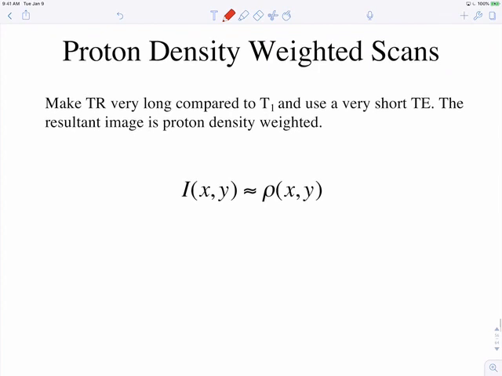For proton density, we want to make both the TR very long and the TE very short. So TR going to infinity, TE going to 0, in which case we're just left with the proton density, which is basically just how much water there is in that tissue.